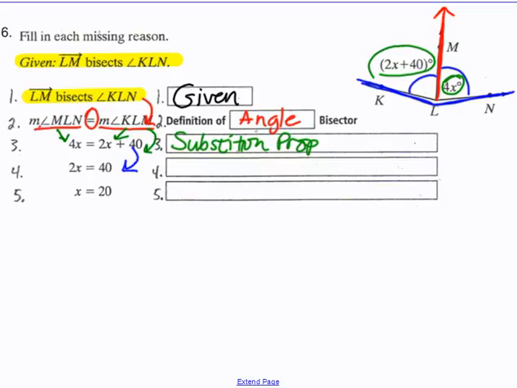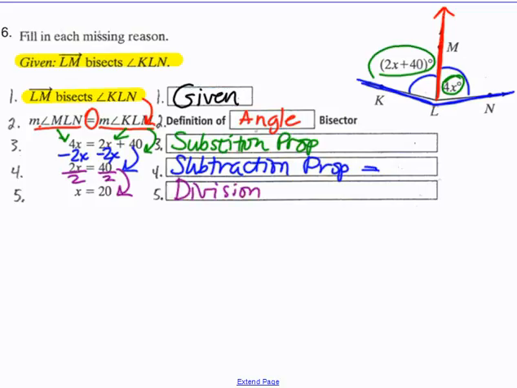From 3 to 4. What happened here? Oh, they took 2x away from both sides. So I end up with 2x equals 40. So that is taking away subtraction. Subtraction property of equality. And the very last step, what happened between the two? We divided by 2. So that is the division property of equality.